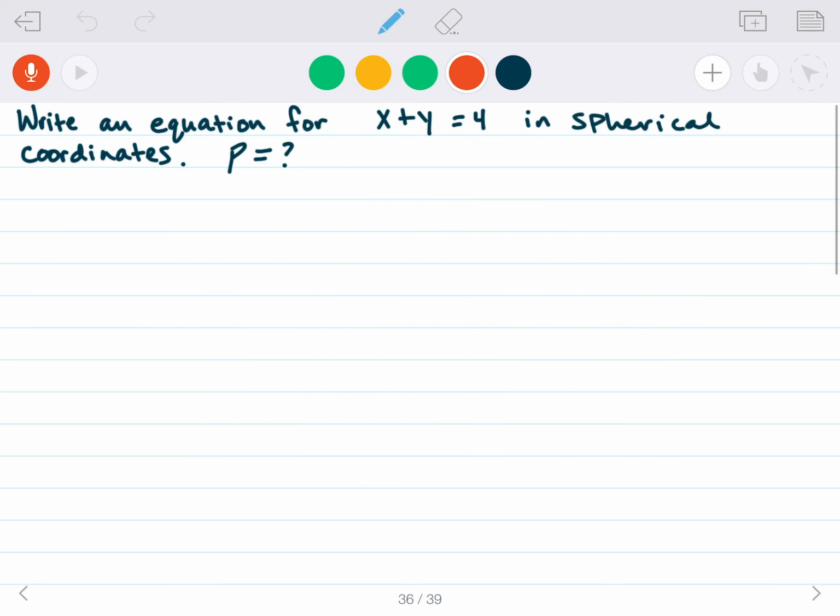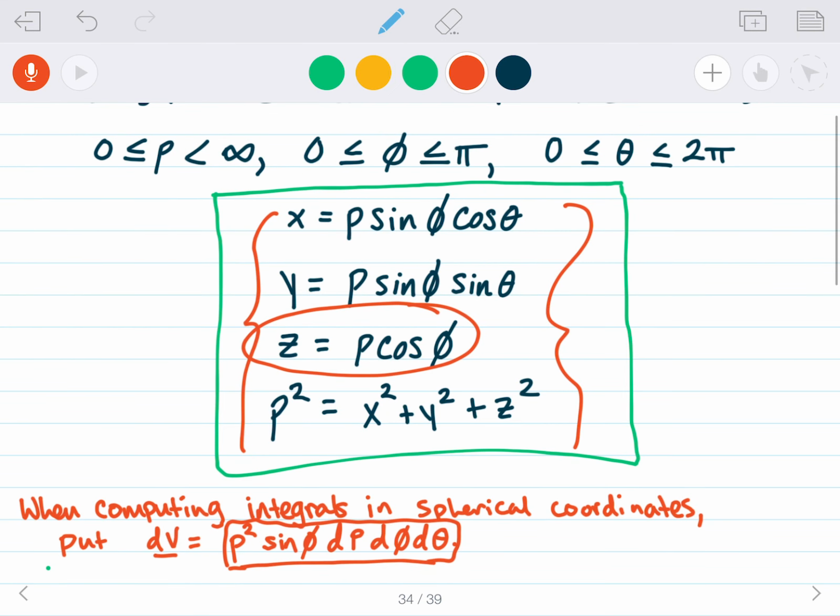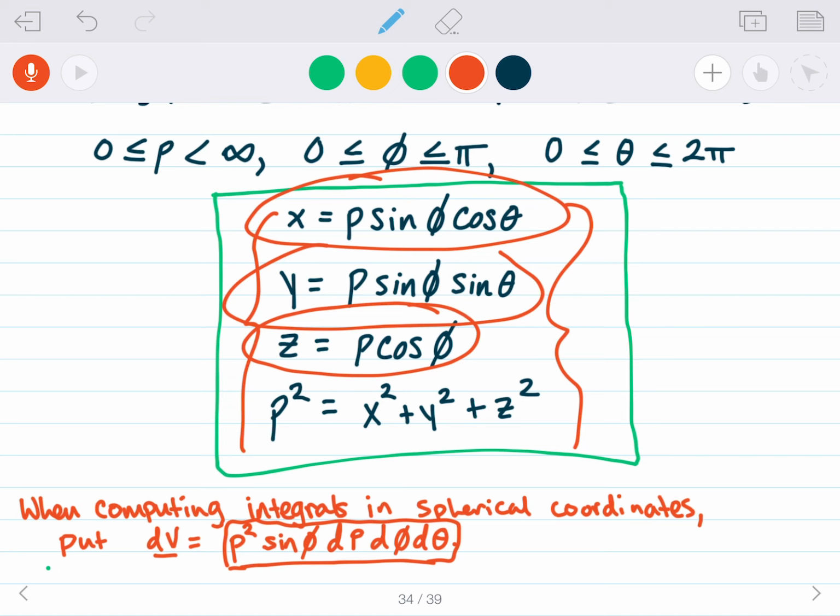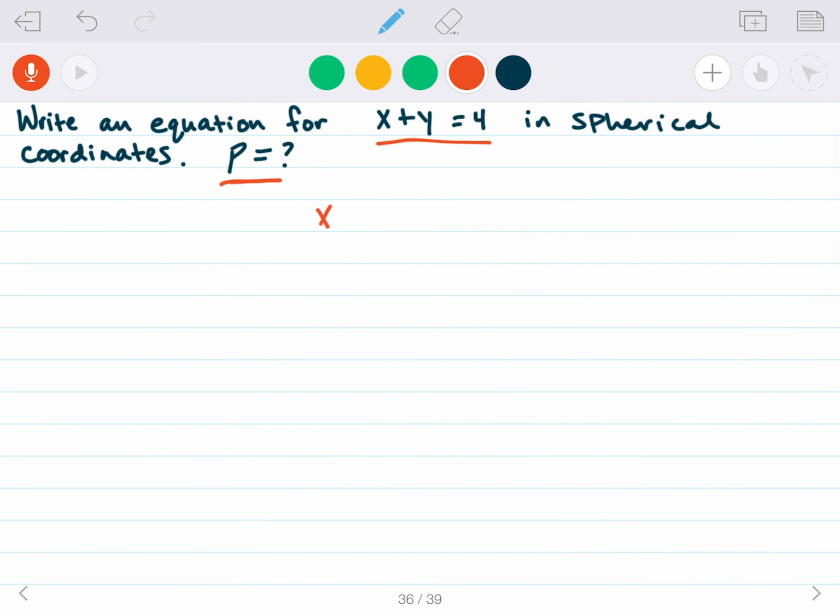Okay. So write an equation for x plus y equals 4 in spherical coordinates, and we're going to isolate rho. Okay, so we want to get rid of the x and the y, and again we go back to our identities here. X is rho sine phi cosine theta, and y is rho sine phi sine theta. Oh, I think I got that backwards.